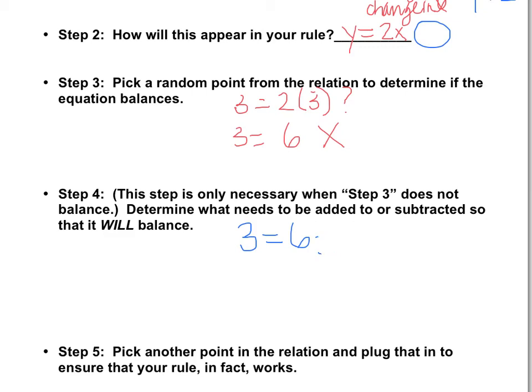Well, you would need to subtract 3 in order for that to balance. Then you would have 3 equals 3. Okay? So what you had to do to balance, you need to add on to this rule. So I had to subtract 3, so therefore my rule up here needs to have a -3 to it. So my rule is really going to be y equals 2x minus 3.